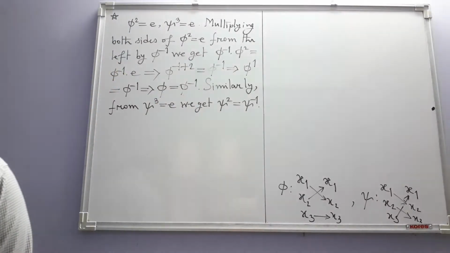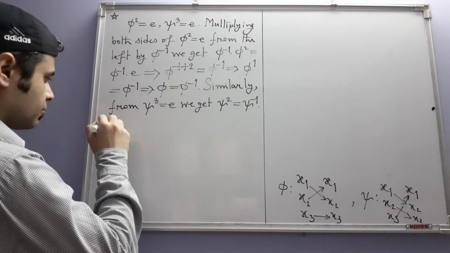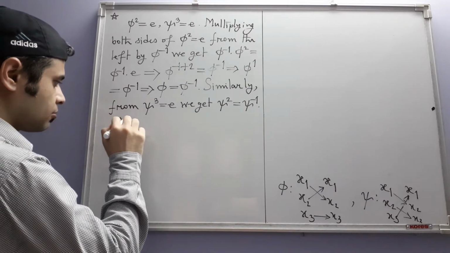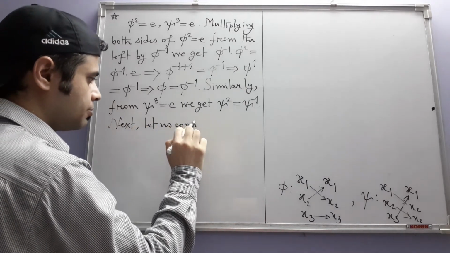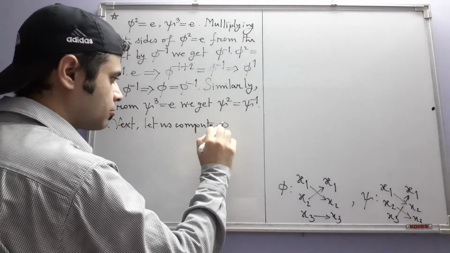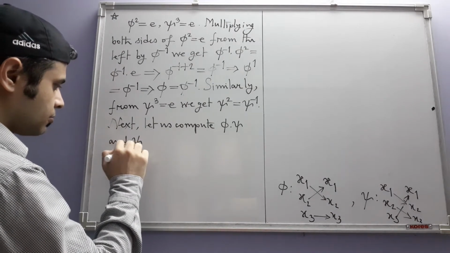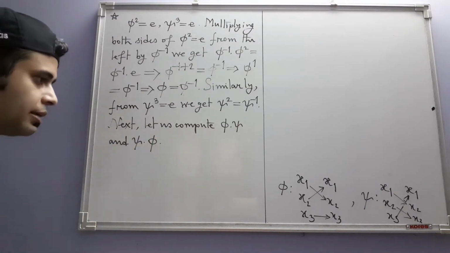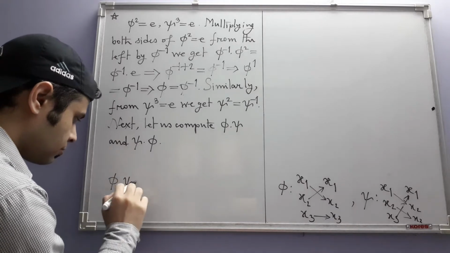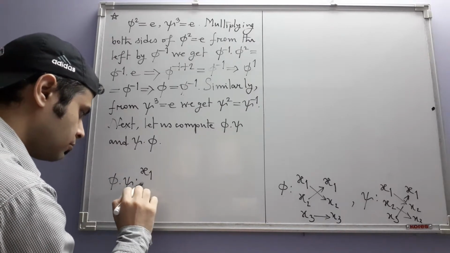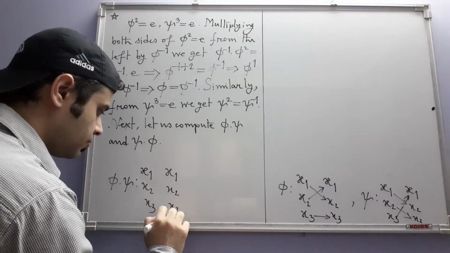So let us now calculate, apart from these things, two more elements. Next, let us compute phi dot psi and psi dot phi, and this we can do just like this one. x1, x2, x3.